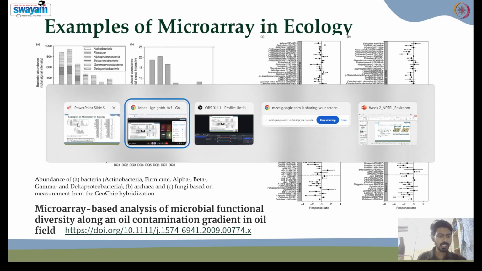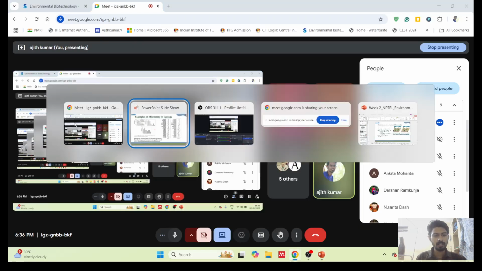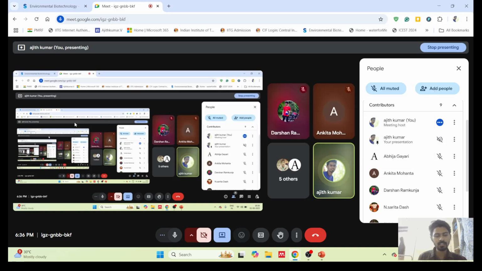So till now we have seen how we isolate the microorganism, what the importance of metagenomics is, how metagenomics is done, and what example projects metagenomics has been used in. The third topic we have seen is how the microarray technique is done, what it is, and the principle behind it.